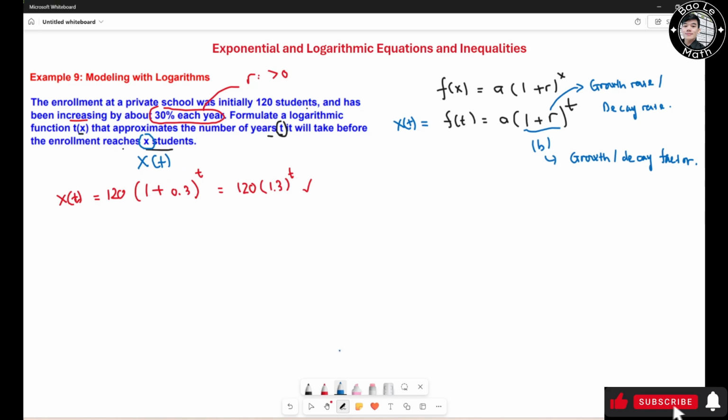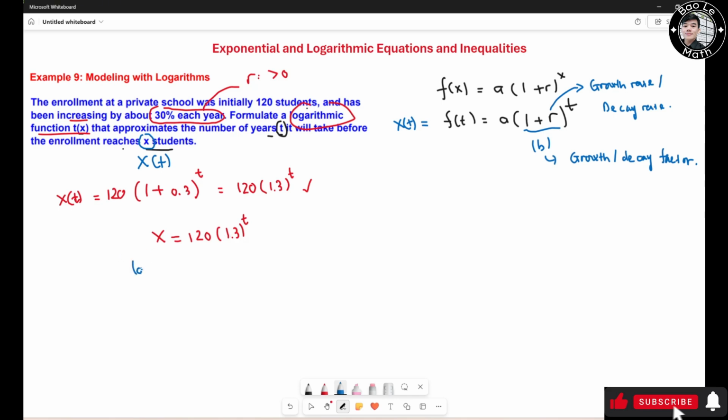Now question asks us to find the logarithmic function t of s, right? So I have s equals 120 times 1.3 raised to the t. Now I need to convert this exponential function into the logarithmic function, right? So basically I just take log base 10 both sides, right?